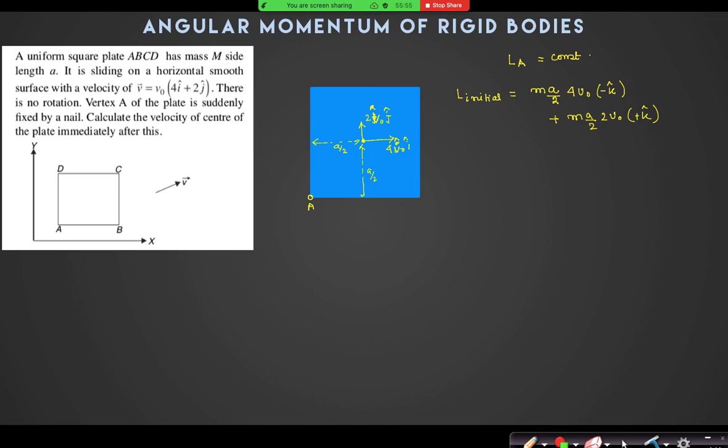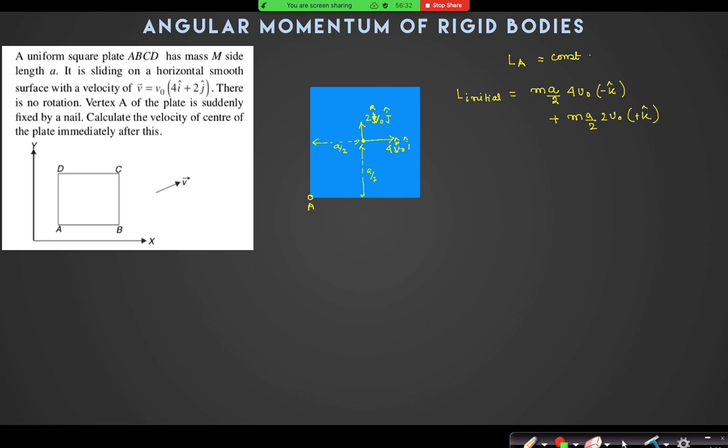Sir, if the point A was on the square plate only, then won't that angular momentum be 0? I am not taking point A on the square plate. If you take point A on the square plate, can you conserve angular momentum? Because that point had an initial velocity, and within a very short time interval its velocity became 0, so it experienced a tremendous acceleration.